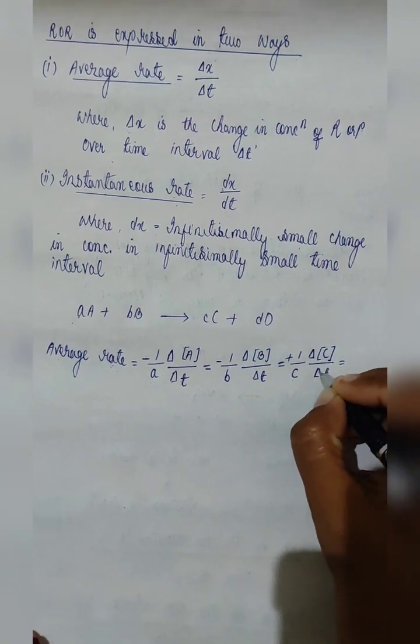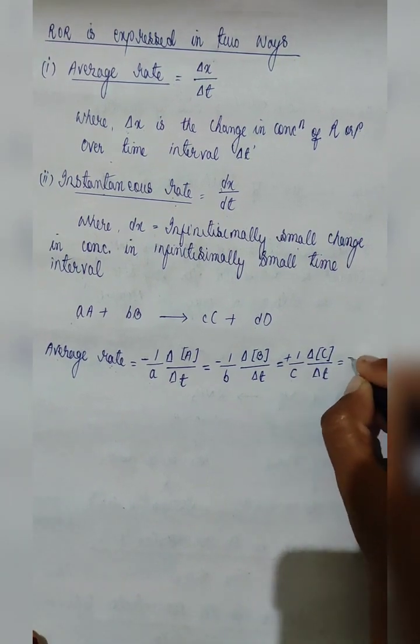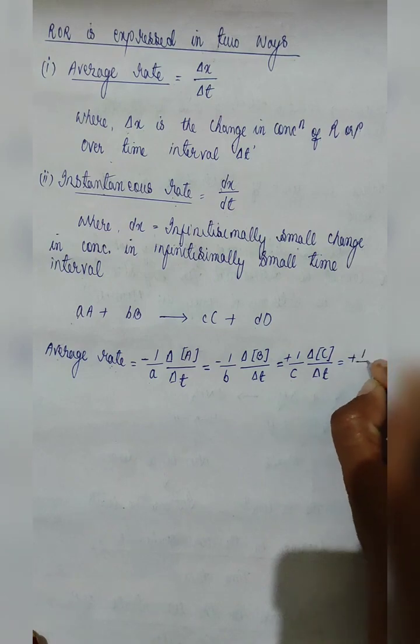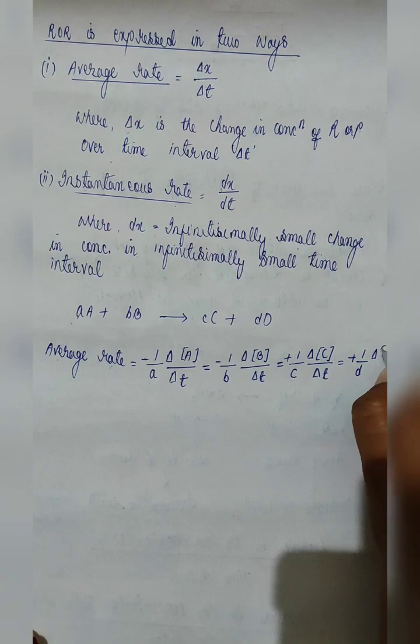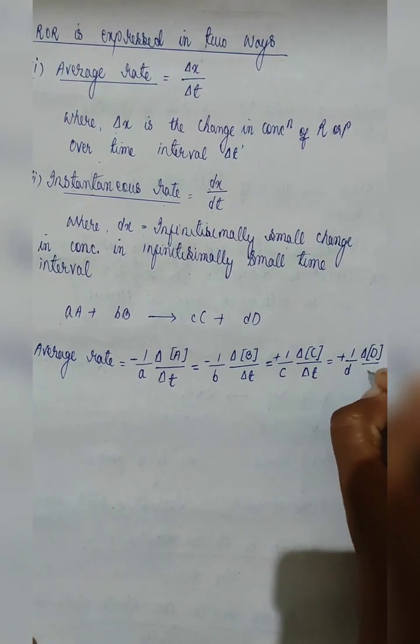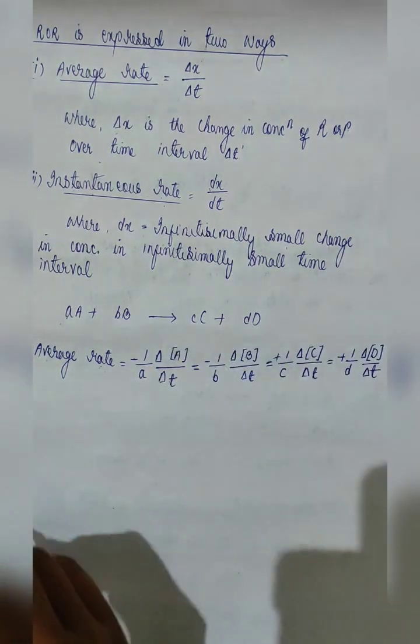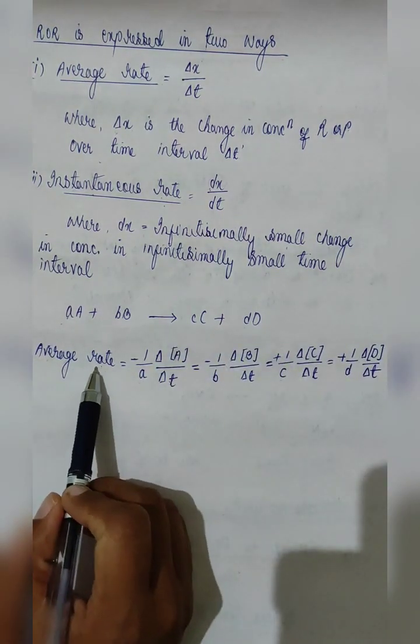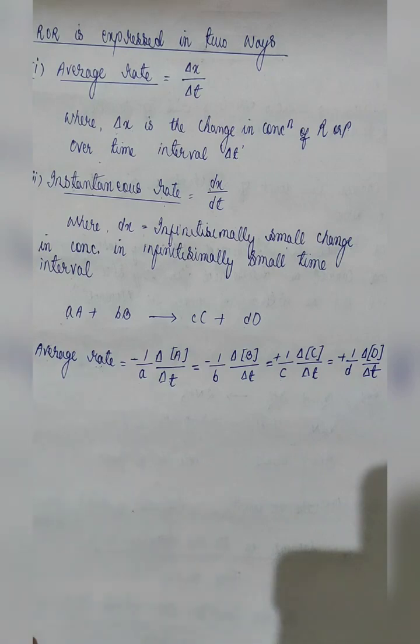Similarly for the product D, positive sign, 1 divided by the stoichiometric coefficient, change in concentration of the product D divided by time. This is how we are going to write the average rate of any reaction.